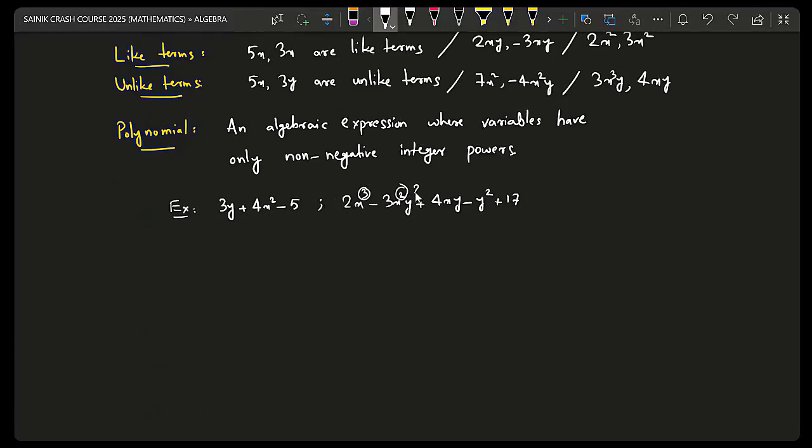There is no power written for y, we can call it 1. So 1, 1, here 2, here there is no variable power. Even if you want to involve a variable, you can write any variable and write the power 0. So you can observe all the powers: 3, 2, 1, 1, 1, 2, 0. They are all non-negative integers. So because the powers are non-negative integers, this is a polynomial.